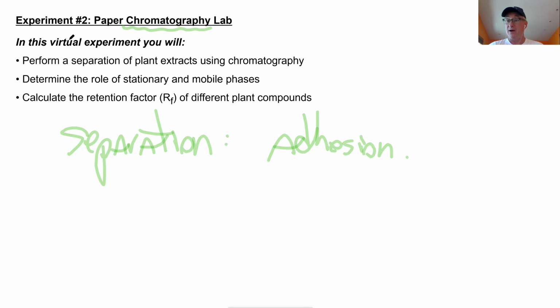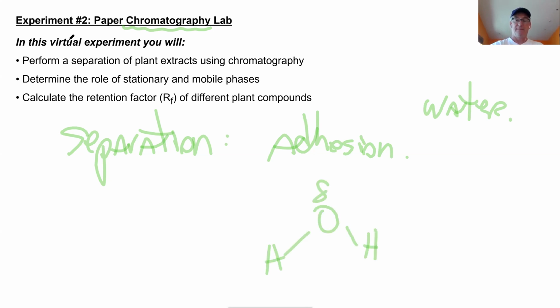Polarity? Polarity, exactly. Water is one of the most adhesive liquid molecules there is, because it has such a big difference between its slightly negative side and its slightly positive side. Those things orient around, and water holds on to itself very tightly.